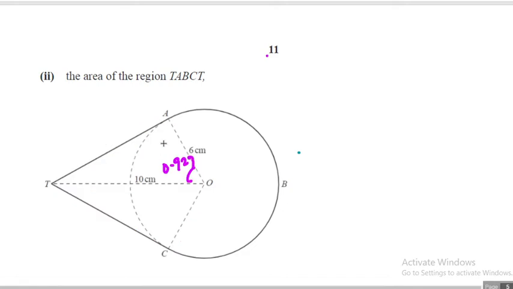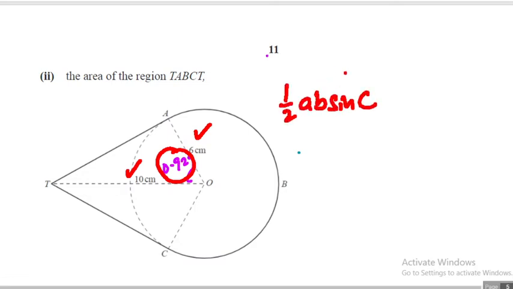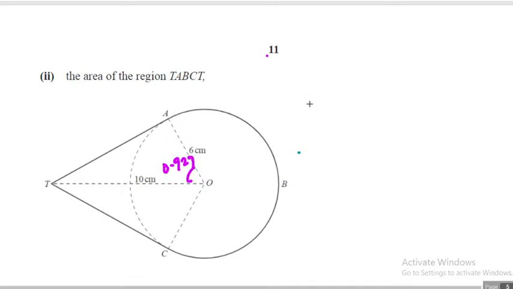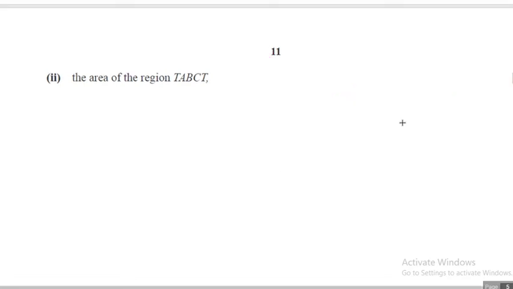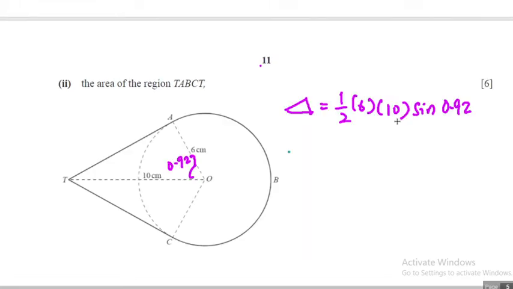Why do I use a triangle? Because I already have this side here, and we have the angle in between. Why don't we just use half AB sine C? So the triangle equals half AB sine C, so 6 times 10 sine C, where C is 0.927. Since we have two triangles, can I just times 2?